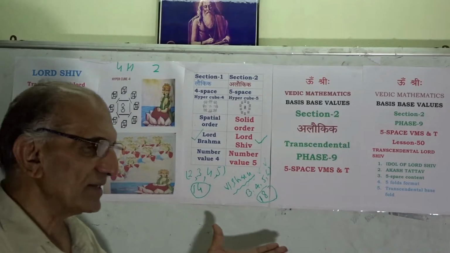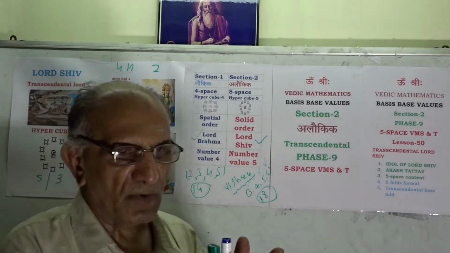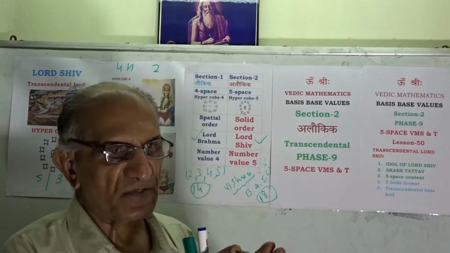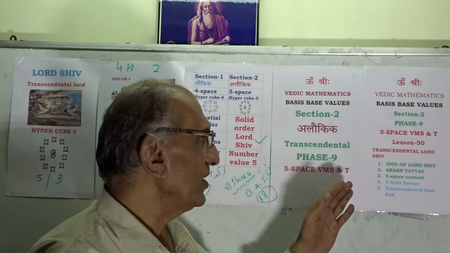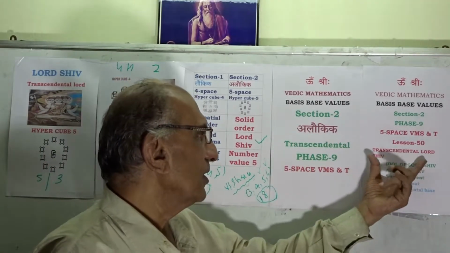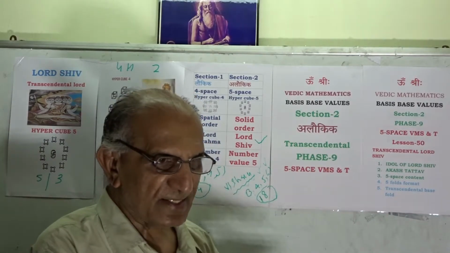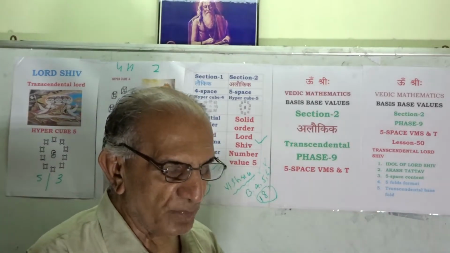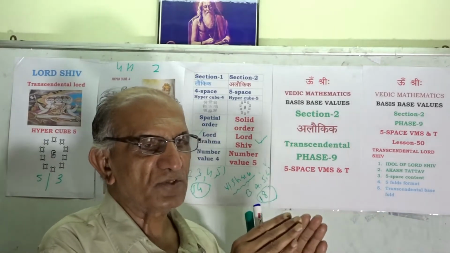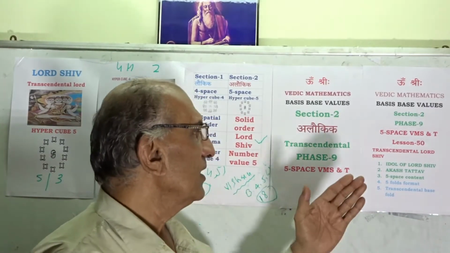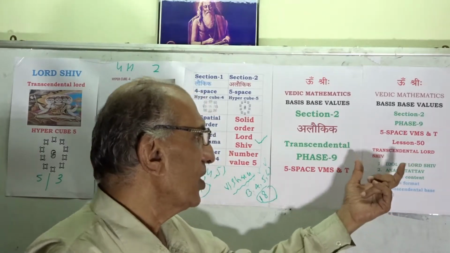Now, in our notebook of 5-space VMST, let us open a page in which we should caption that today, in this lesson, our focus is going to be upon the format, features and values of the idol of Lord Shiv.